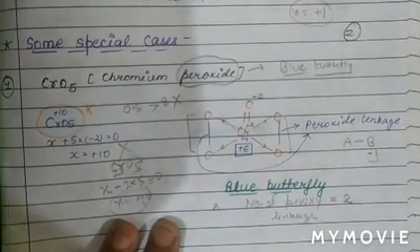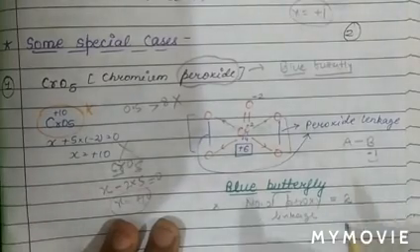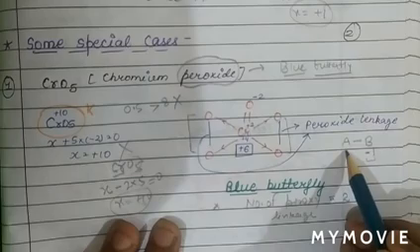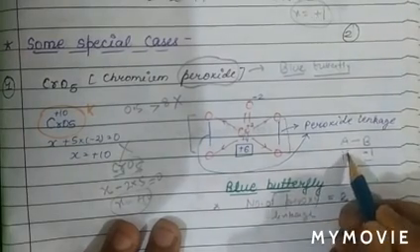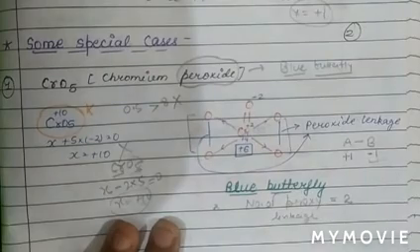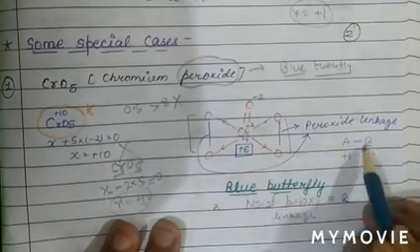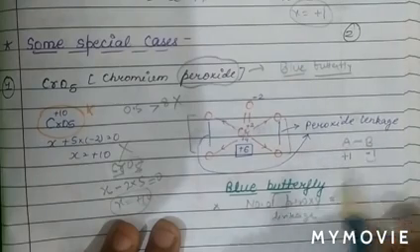And if A is less electronegative, then A will carry +1 charge.